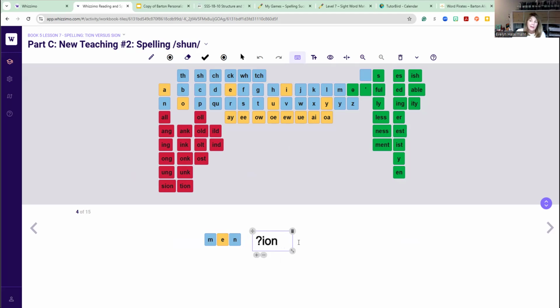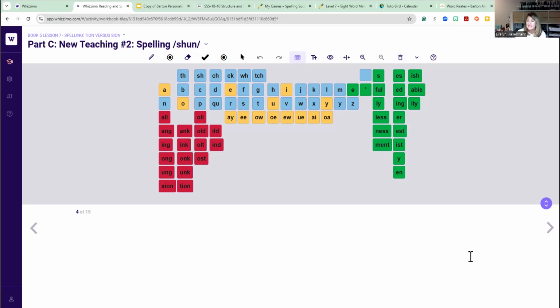Hit enter. Now, if they're at home and they don't know, I'm going to ask Alexa or I'm going to ask Siri, and I want them to not be guessing. And so this is the way that we make sure that our students are not guessing, is by looking things up and being sure, okay? And that's how our brains start to map these words. So they're going to figure out that mention is a TION.